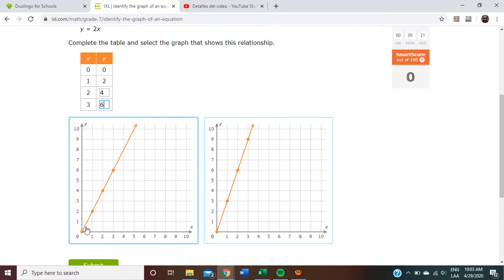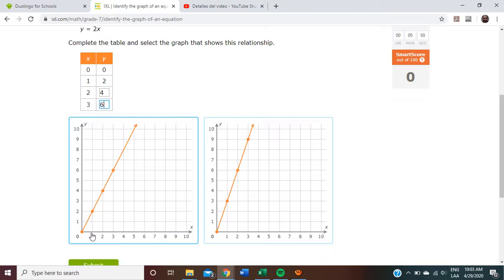Okay, so when x is 0, we don't go to the right, nothing. We don't go anything to the right because x is 0, and we don't go up or down either because y is 0. So this is the first point.